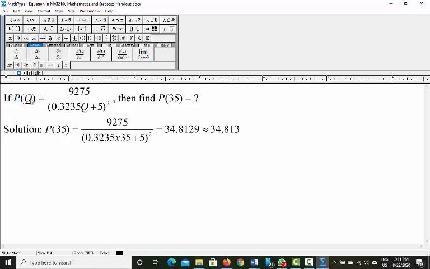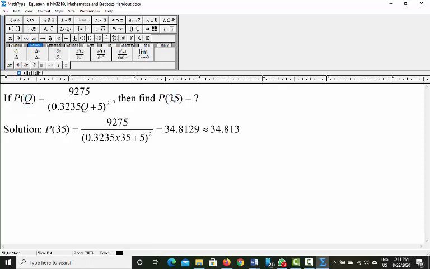So this one is the variable of the function. Here this is the formula of the function. As I said before, a function always represents a curve. It can have any shape, right? So here the question is asking us to find P bracket 35. That means the value of Q is replaced by 35.